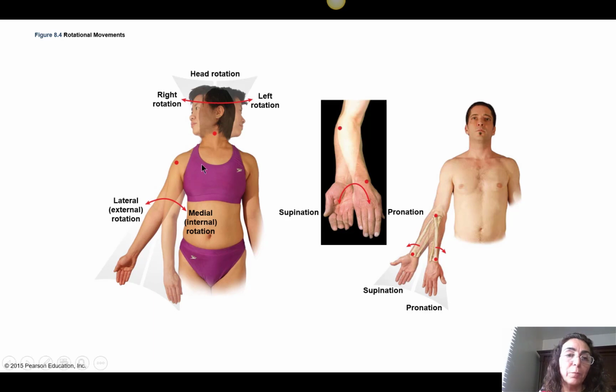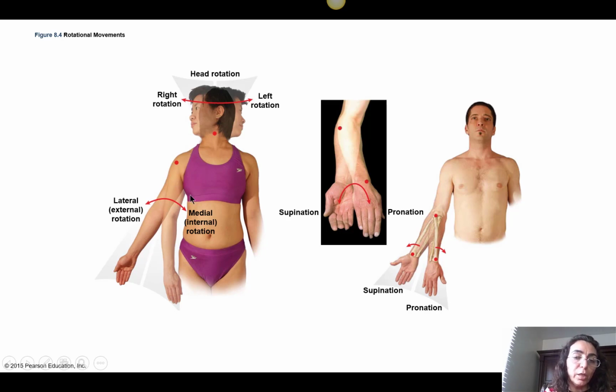So here again, you're looking at the rotational movement that might be on the head, side to side, left rotation, like here for me, right rotation, left rotation, you see that here. You may have it around the shoulder joint, rotating from here toward the medial rotation, or we call it internal rotation, and a lateral rotation or external rotation.